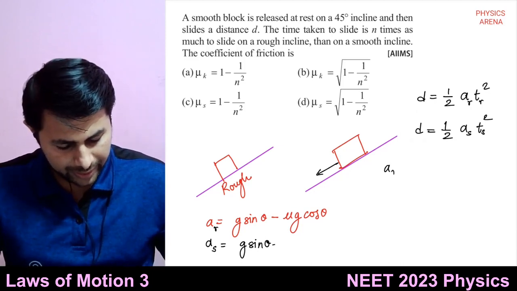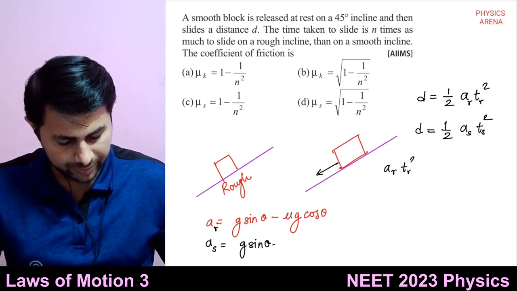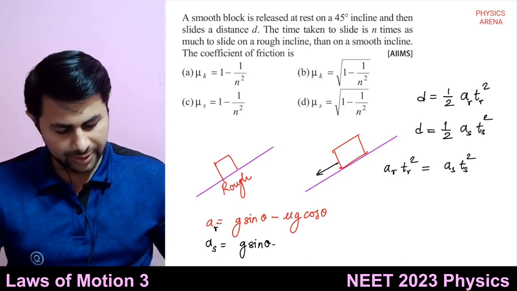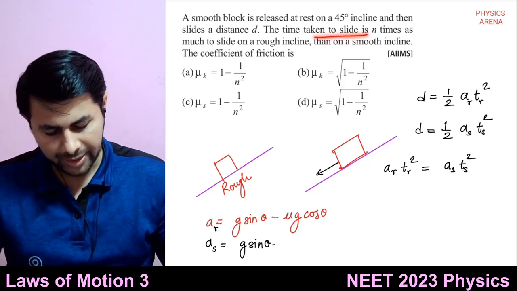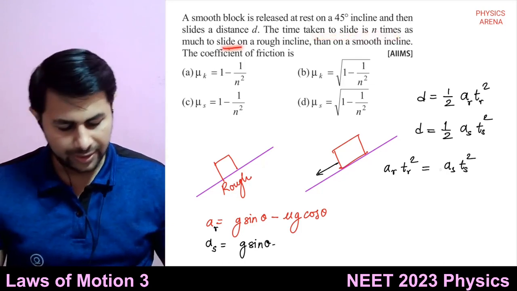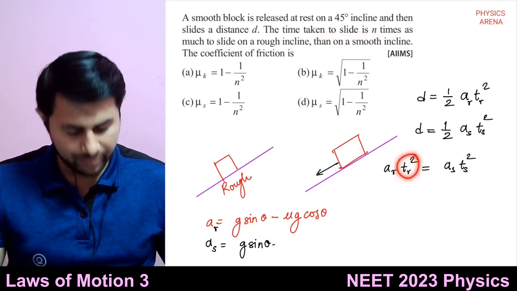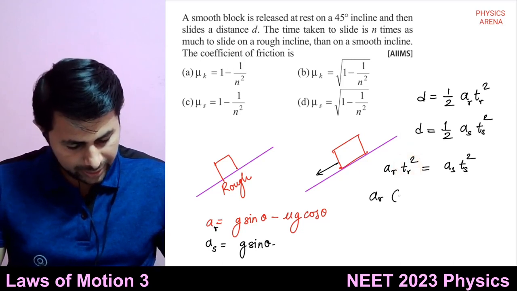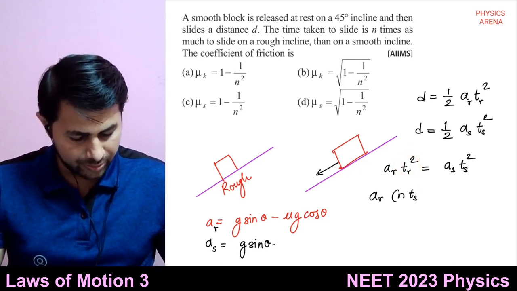So AR times TR square is equal to AS times TS square, and it is given that the time taken to slide is n times on the rough incline than on the smooth incline. So the time on the rough incline is n times that of the smooth incline.